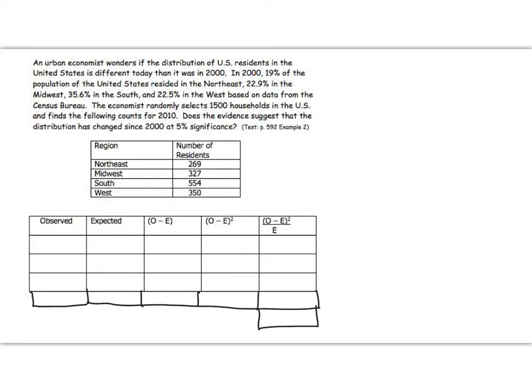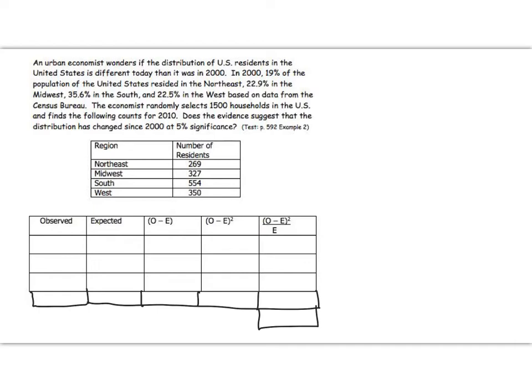In the year 2000, 19% of the population of the United States resided in the Northeast, 22.9% in the Midwest, 35.6% in the South, and 22.5% in the West, based on the data from the Census Bureau. The economist randomly selects 1,500 households in the U.S. and finds the following counts for 2010. Does the evidence suggest that the distribution has changed since 2000 at 5% significance?